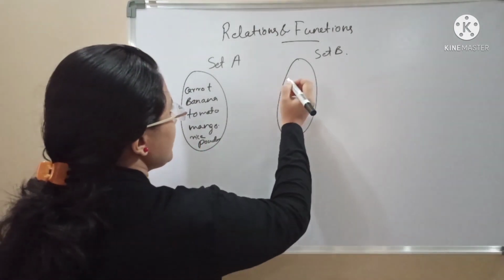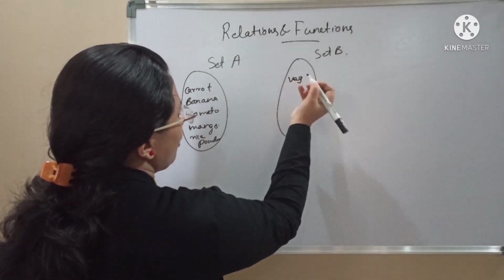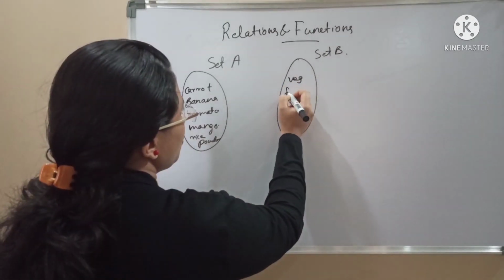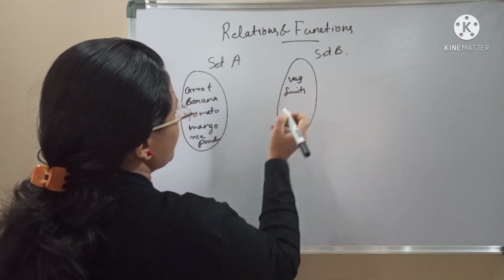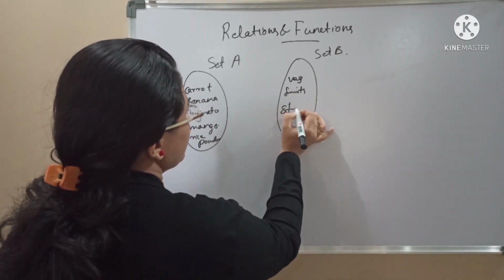In set B, we have vegetables, fruits, and staples.